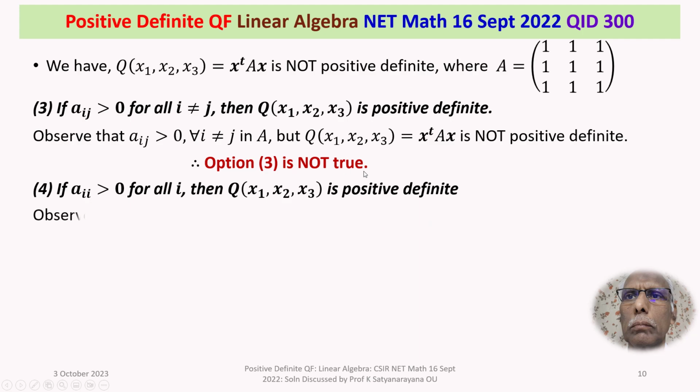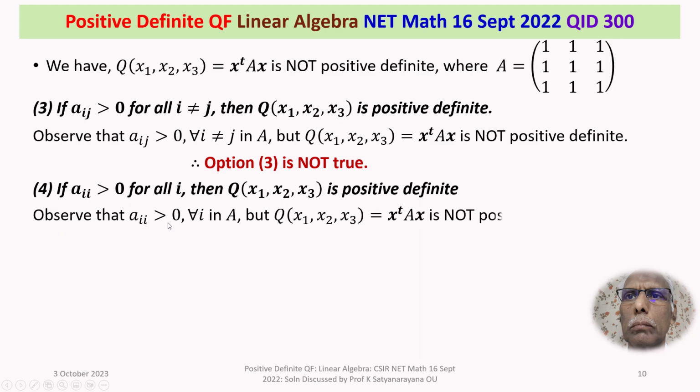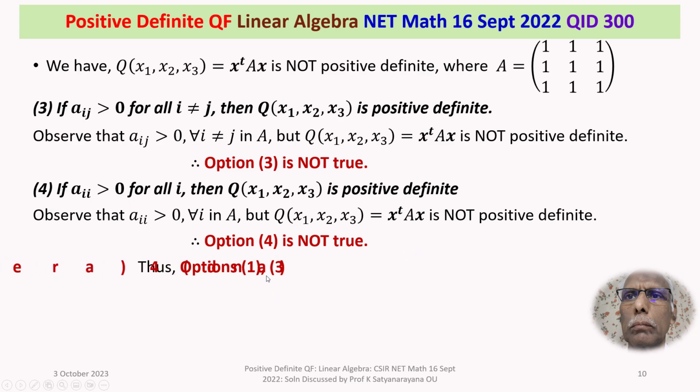Therefore, option 4 is not true. So options 1, 3 and 4 are not true, and therefore our answer is that option 2 is true.